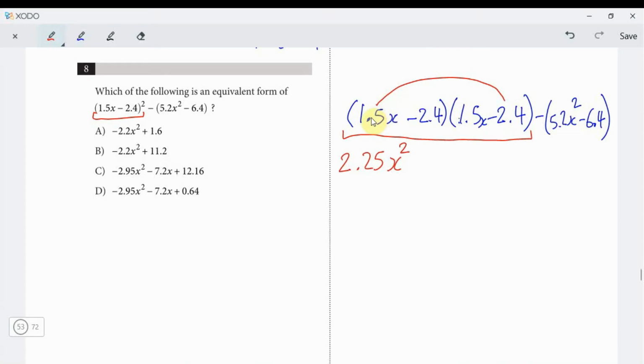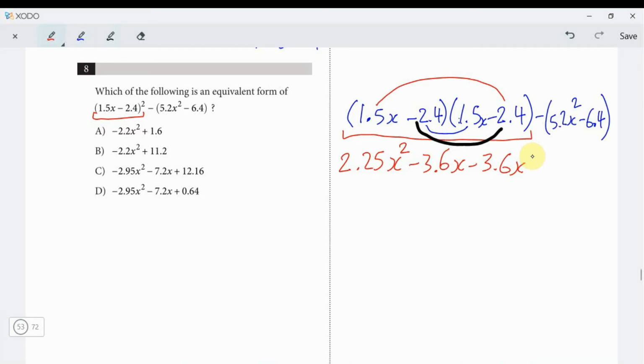Tell me what that is. 1.5 times negative 2.4 is negative 3.6. So negative 3.6x. Then we multiply negative 2.4 times 1.5x again. That's another negative 3.6x. Then multiply negative 2.4 times negative 2.4. Multiply these for me now.